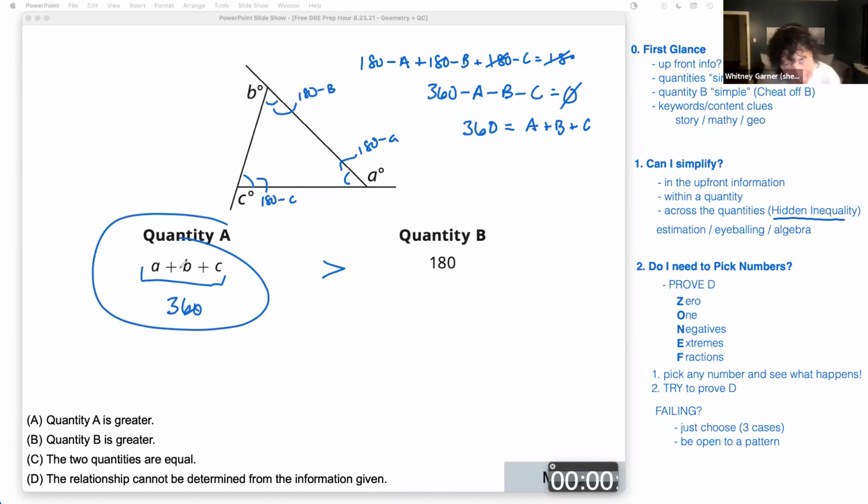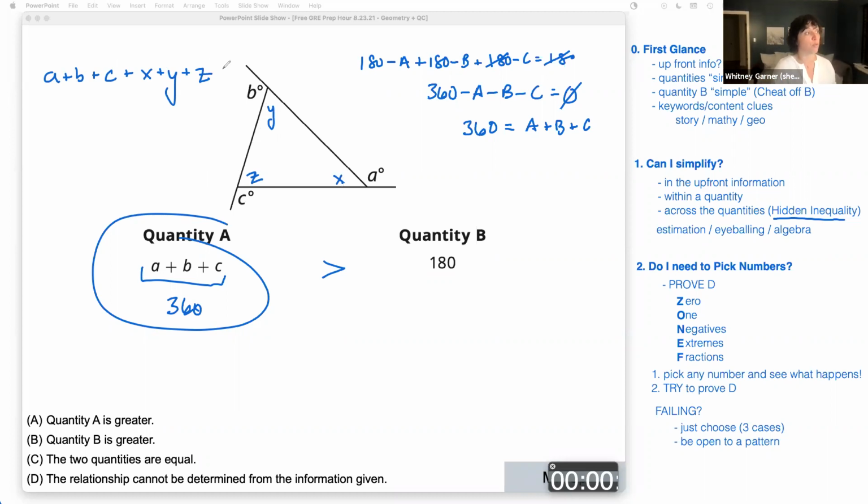How else could I get at this? Well, here's what I know. If I were to think of these little corners as X, Y, and Z, for example, I know that if I were to add A plus X and B plus Y and C plus Z, so if I added up A plus B plus C and X plus Y plus Z, each pair is 180.